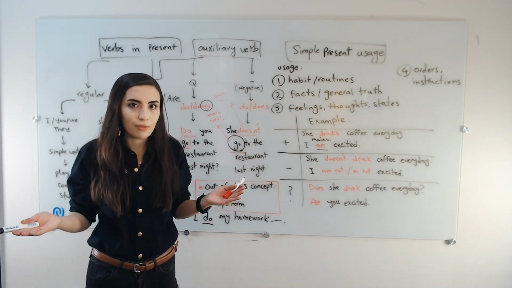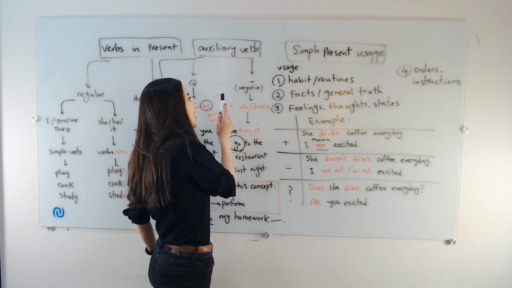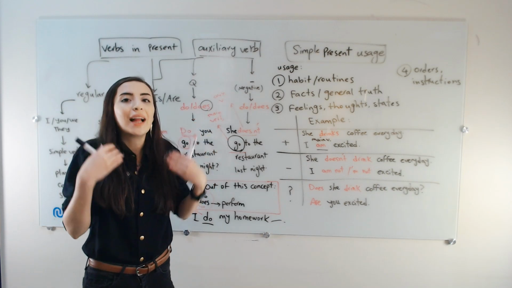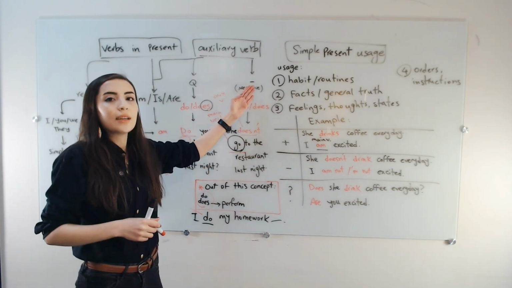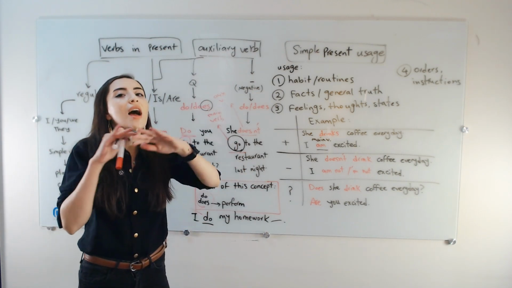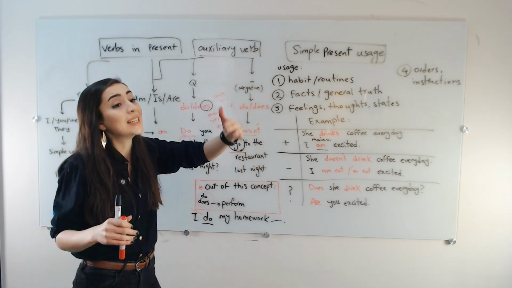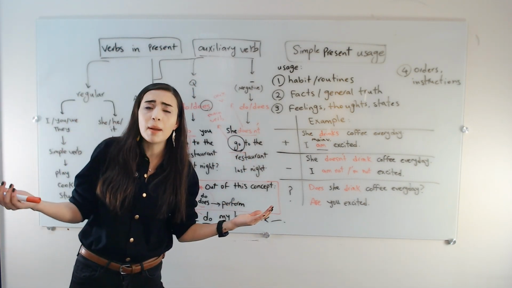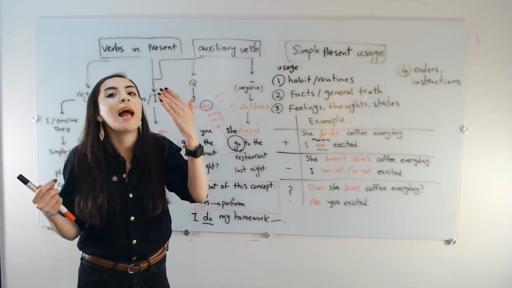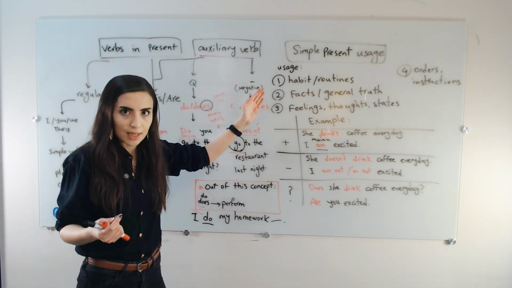Go is the main verb. Go is the actual action that is happening. But does is an auxiliary verb. It's helping us to make a negative sentence and to make a question. So whenever you hear the auxiliary verb, it means that there is going to be a verb that is going to help you make a question or a negative sentence.